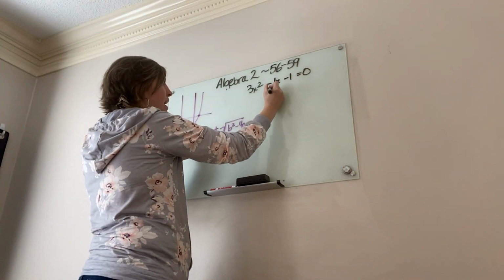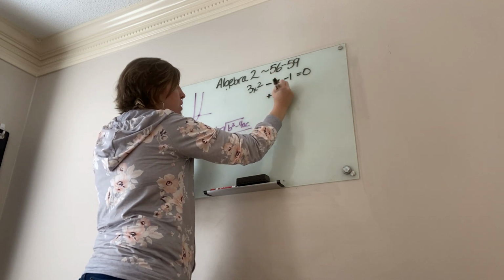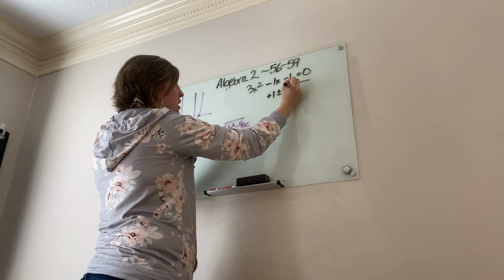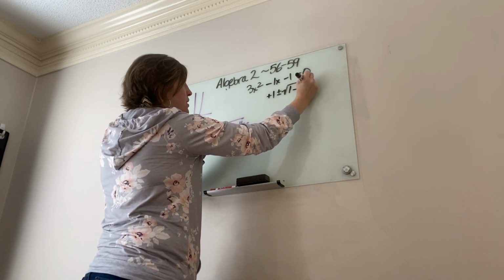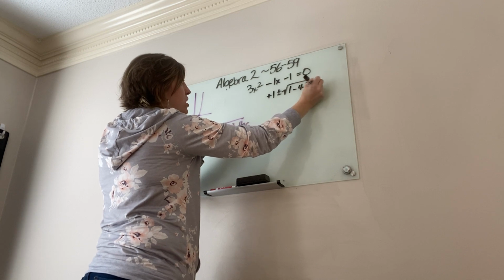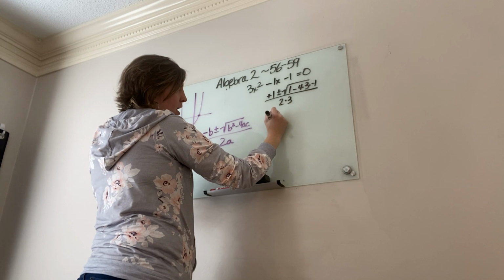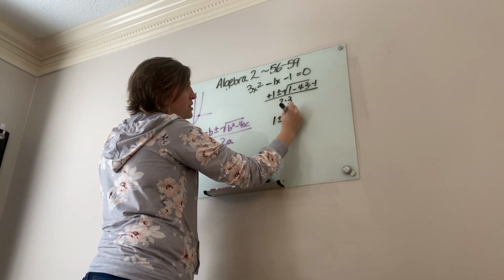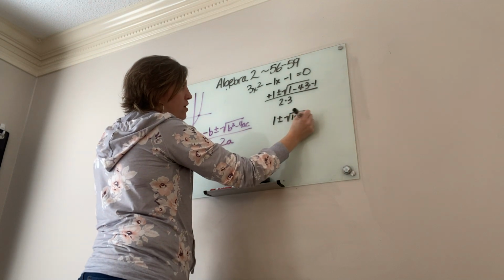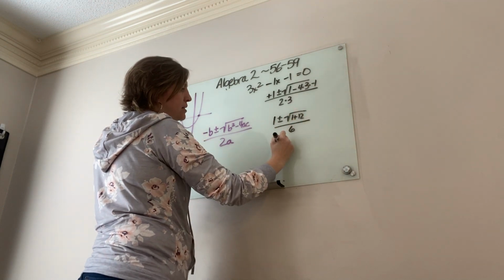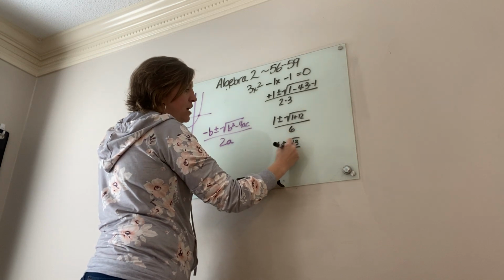It's going to be negative b, which would be a -1, so +1, plus or minus the square root of 1 minus 4 times 3 times -1, over 2 times 3. So I end up with 1 plus or minus the square root of 1 plus 12, over 6. So my final answer is going to be 1 plus or minus the square root of 13, over 6.